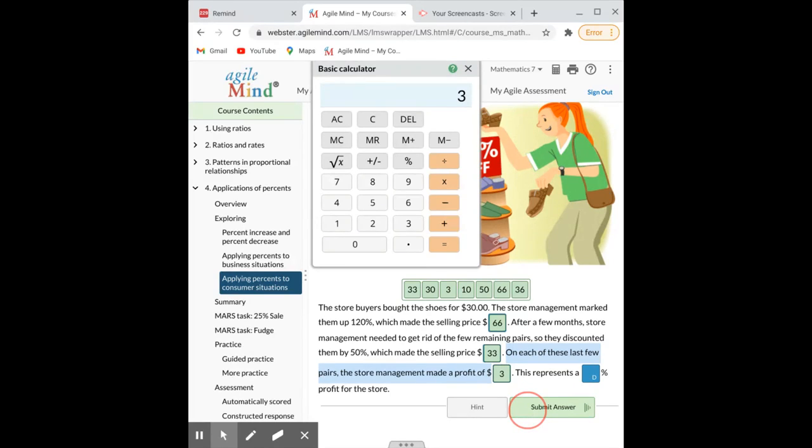Yeah. All right, go ahead. Tell me what you got. I know how y'all got the 3, but I don't know how y'all got to the 3. Okay, who can restate what Devin said of how to find the profit of $3?